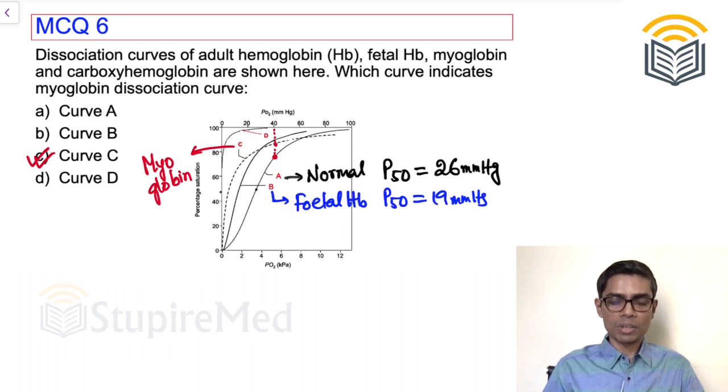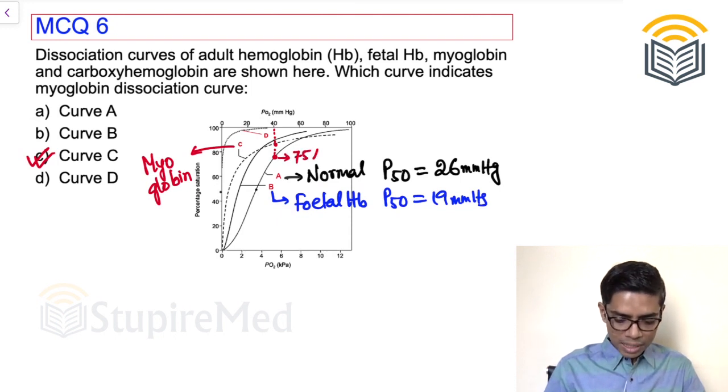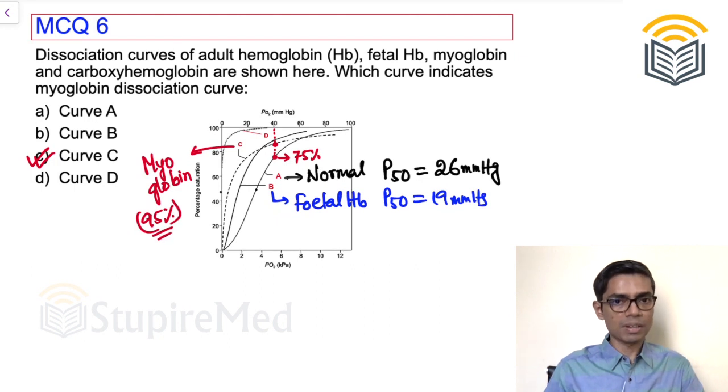You know that 40 millimeter of mercury is the venous blood partial pressure of oxygen, so at that, adult hemoglobin is only 75% saturated. But look at curve C, the myoglobin. It is around 95% saturated. So 95% saturation with a partial pressure of 40. That is the identification point of this curve, and the shape of the curve is also a rectangular hyperbola.